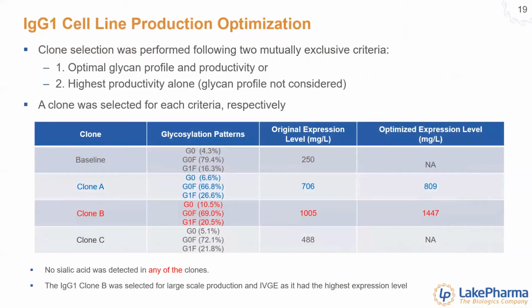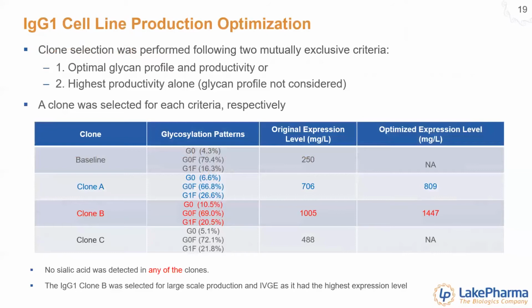You look at on the table, there's the baseline, which is the pool sample, and we selected 3 clones to examine: clone A, clone B, and clone C. Comparing clone A and clone B, clone A has a productivity of 706 milligram per liter, and clone B has 1,005 milligram per liter. And that's at the original expression, which is in the shake flask.